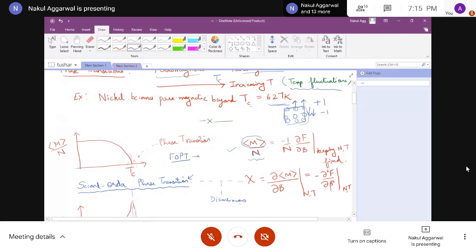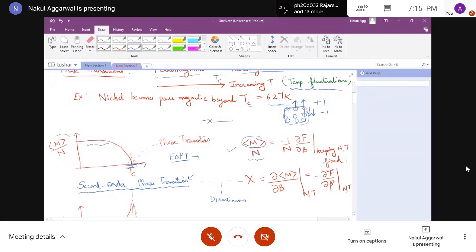So what happens in this phase transition, if you make a plot of average magnetization per spin, is this plot that we see. Here there is some non-zero value, and immediately beyond critical temperature Tc, the value of average magnetization per spin goes to zero.